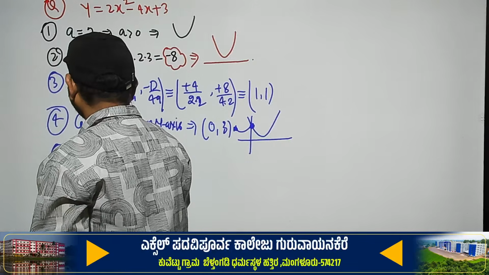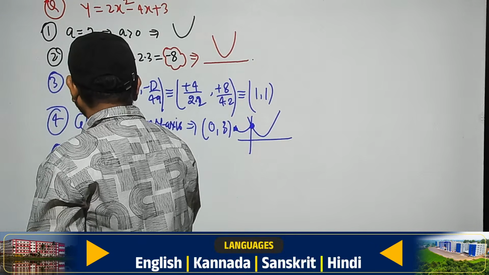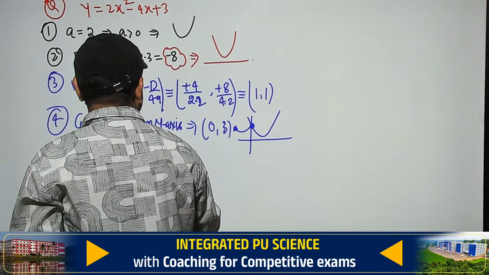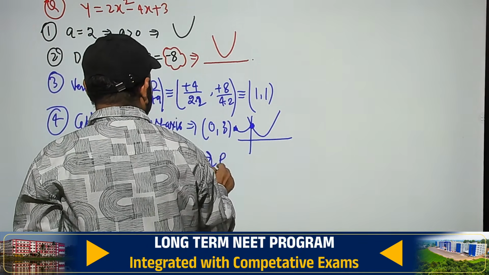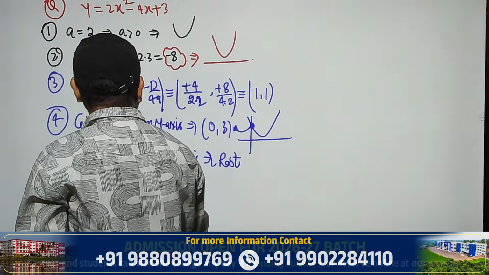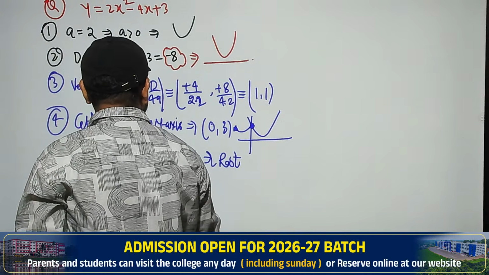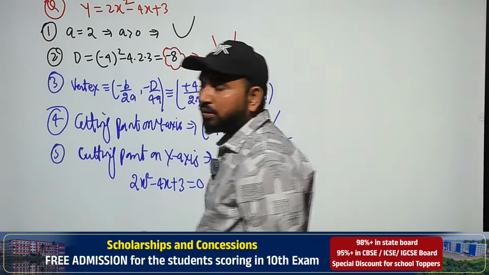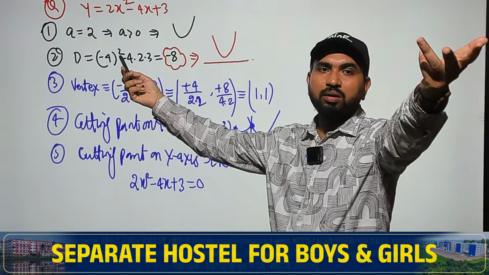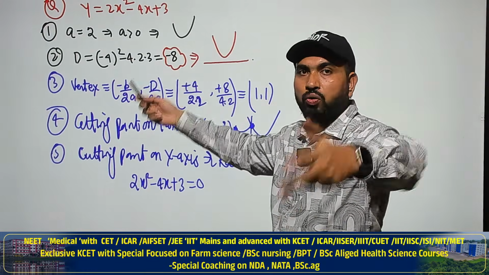Now the last option: the cutting point on the x-axis. It means root, so I need to find the root. Actually, this is minus 4x plus 3. Here D is negative. D negative means no touch, no cut, which means no real root.